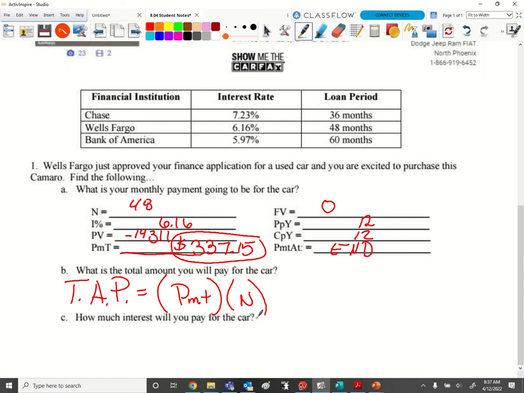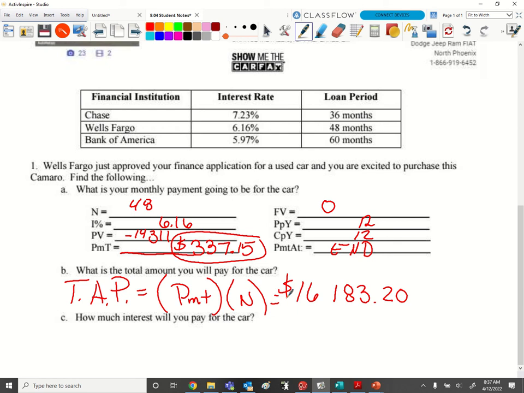So you're multiplying your payment amount, which is $337.15, times what number? 48. So what do we get here? 16,183.